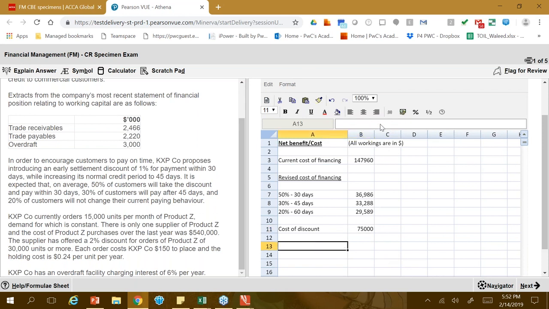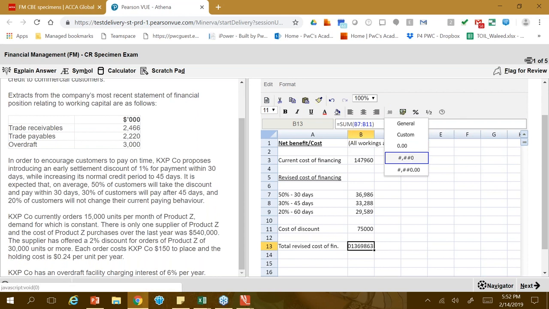Which means the total revised cost of financing is the sum of B7 to B11. And the revised cost of financing comes out to be 174,863.